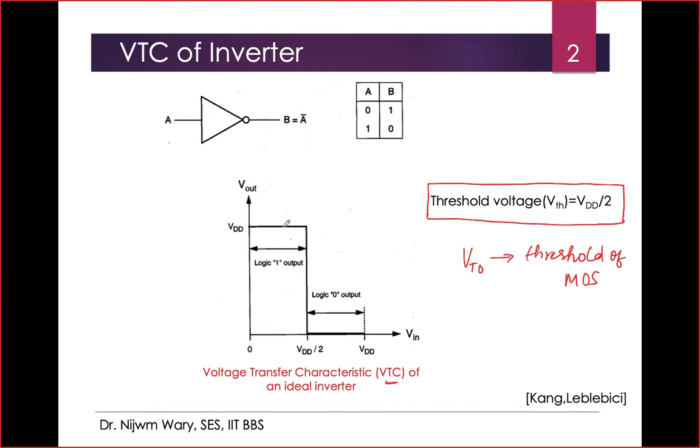This is ideal, but in the real case it may be something like this. It will not be a sharp brick wall kind of characteristic, rather it will be smooth. Depending upon how we design an inverter or what kind of topology we take, these characteristics will vary.